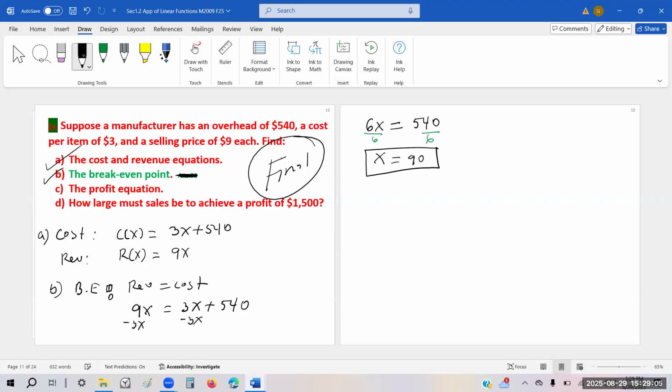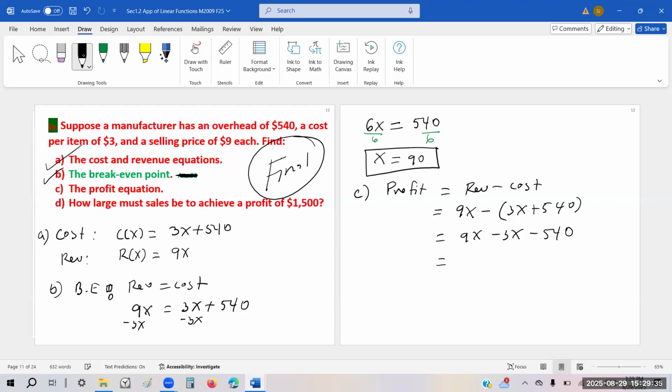Now, anyone else would like to try C? The profit equation, just the equation for now. So 9X minus (3X plus 540). That gives us 9X minus 3X minus 540.